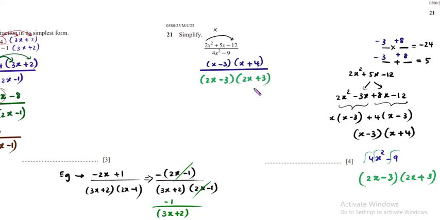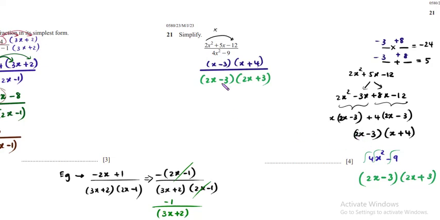Now we can see if we can factorize this. So in this case, we have 2x minus 3 and, okay, I think I missed a 2 here. So here, when I take the x out, it should be 2x. So this is going to be 2x as well.